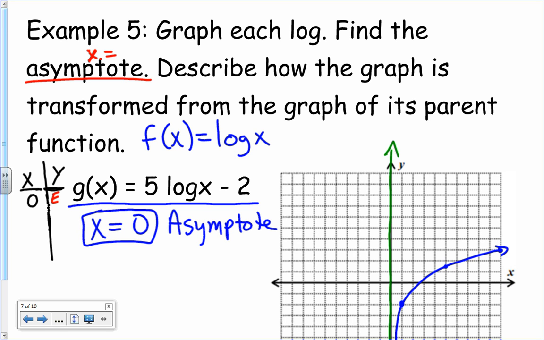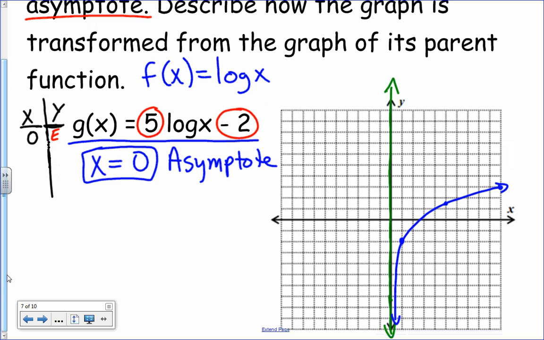Then it says describe how it was transformed. Well, you got two things going on here. You got a 5 on the outside being multiplied, and you've got a 2 outside being subtracted. So both of the items are vertical. The first one is a vertical stretch because it's being multiplied and it's a whole number.